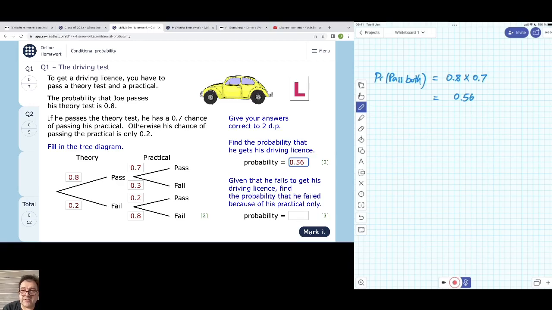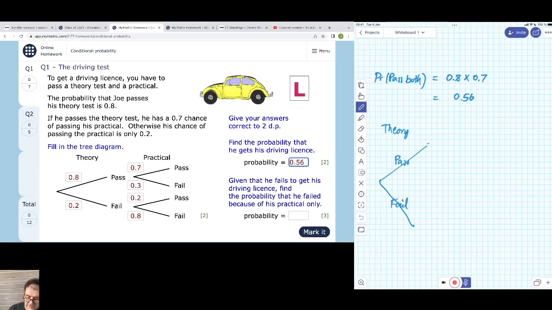Okay, it says given that he fails to get his driving license, find the probability that he failed because of his practical only. Well, let's just draw the tree diagram on my little pad here. So he's got the theory, which he can either pass or fail.